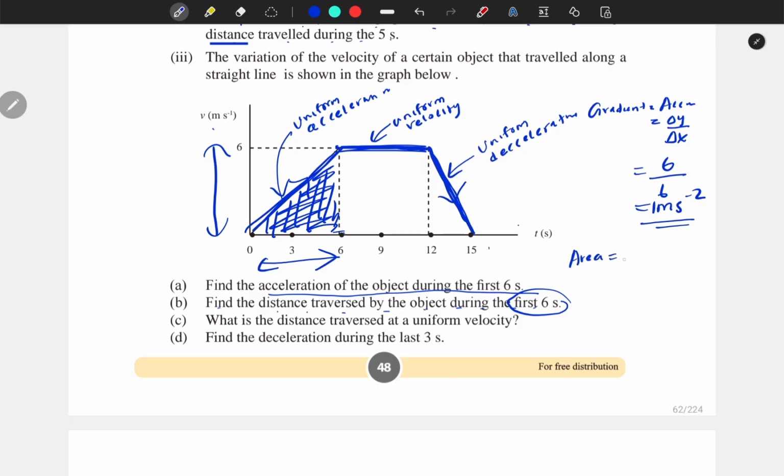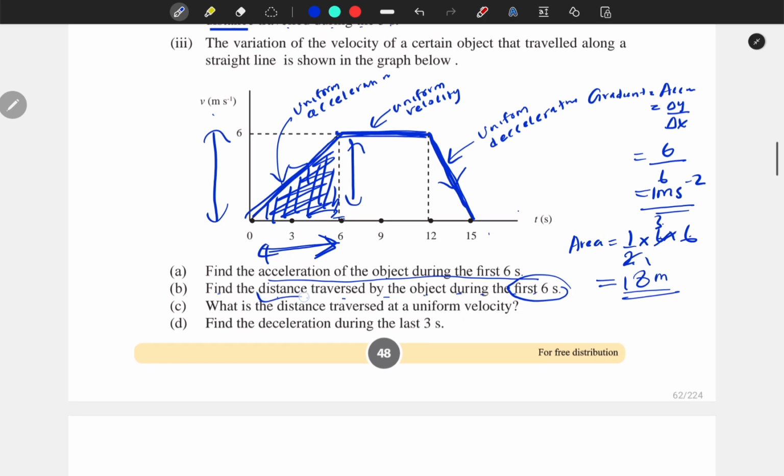Area equals what? This is a triangle, so half into the base length, 6. The perpendicular height is also 6, so 36 over 2, or 6 into 3, 18, right? Meters, because it is a distance.